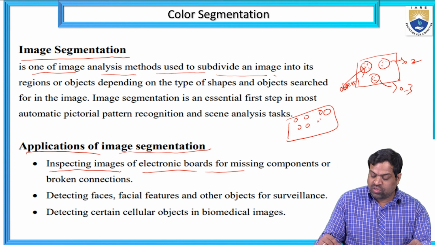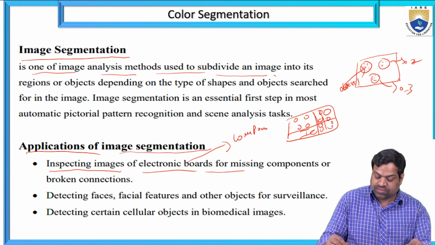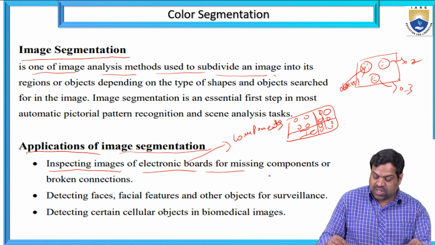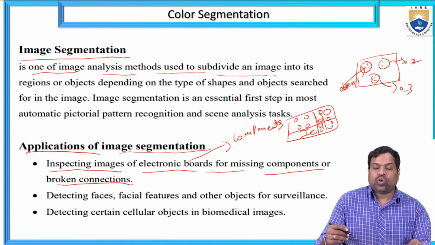What are the ICs, what are the sub-ICs, what are the colors, how many sub-components are there? On the electronic boards, we have to find the components and the missing components or broken connections. Total number of components, how many are broken and how many are missing. That is the reason.